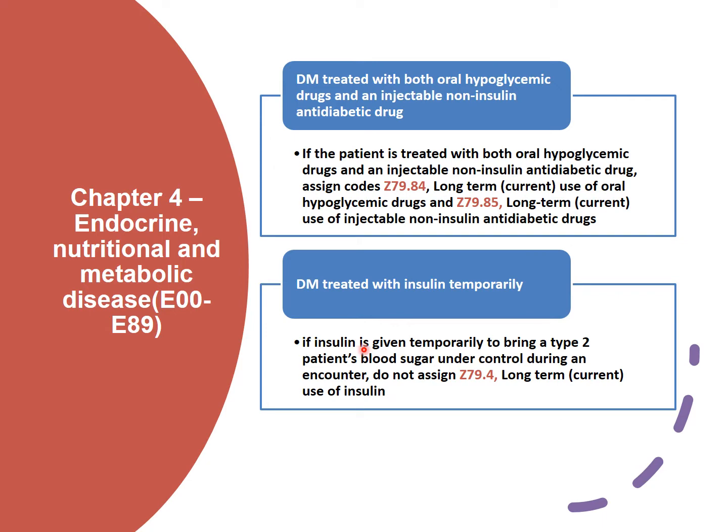If insulin is given temporarily during that encounter to bring the blood sugar level under control, do not assign G79.4. That means for temporary usage, we should not report the long-term use drugs. Whenever the patient has been using these drugs for 6 months or more, only then do we report the long-term use drugs.